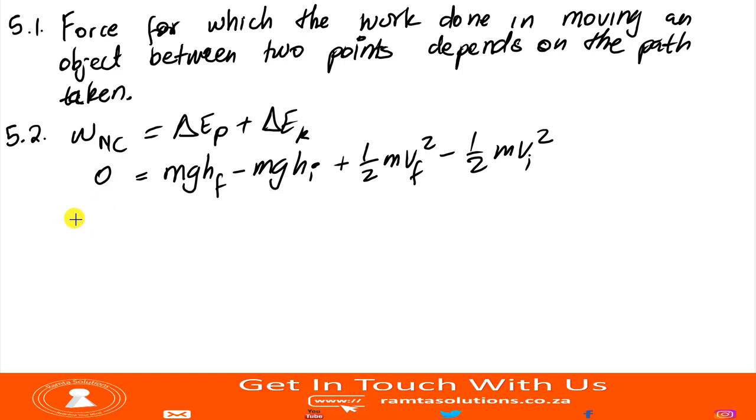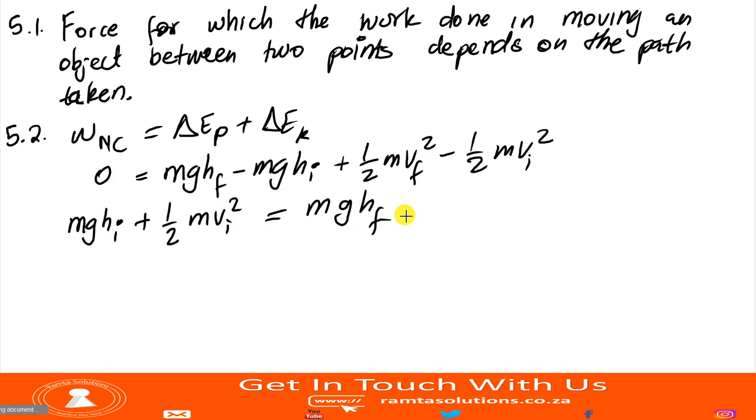So it'll be mgh initial plus half mv initial squared equals mgh final plus half mv final squared.